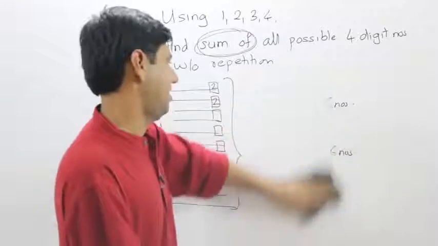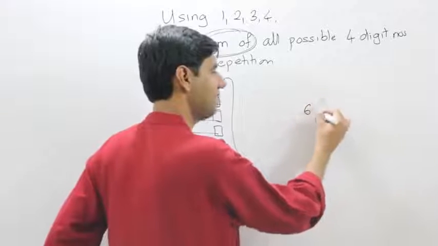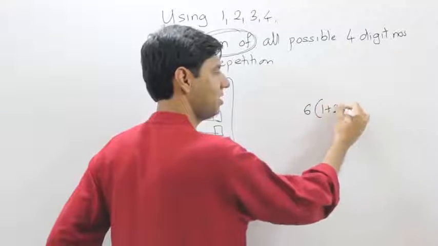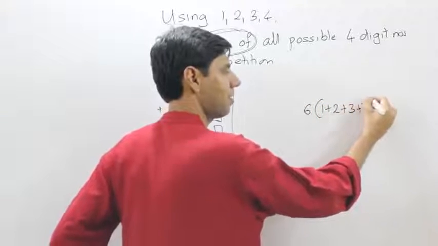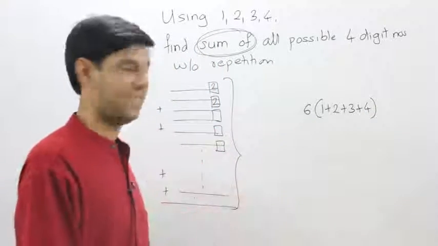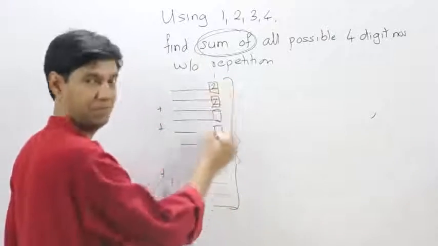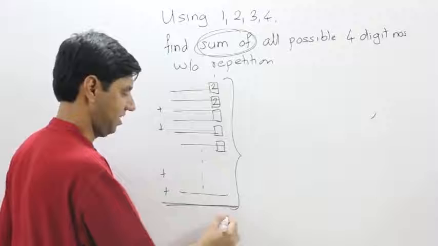So let's see the addition. Is the addition the same as 6 times 1 plus 2 plus 3 plus 4? Right? And this is going to be 10, 10 sixes are 60. Okay, so we have added the units column and the addition is 60.